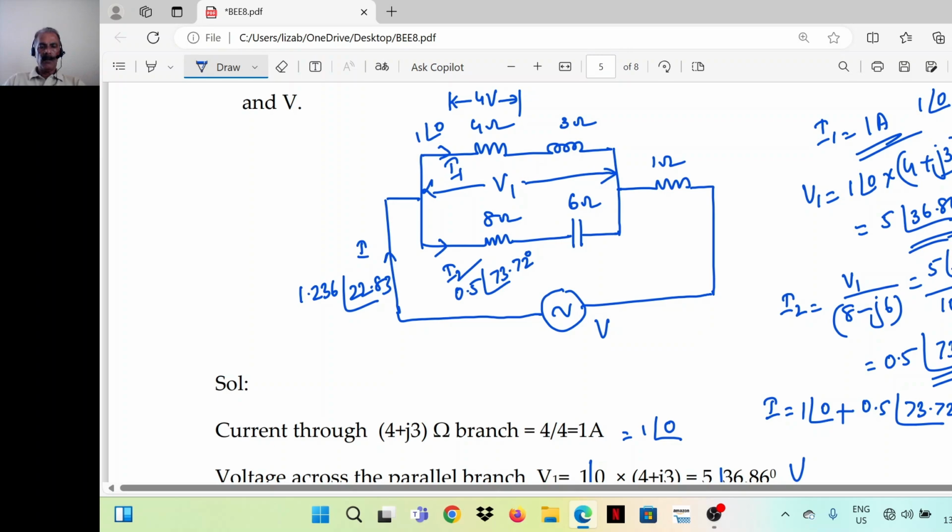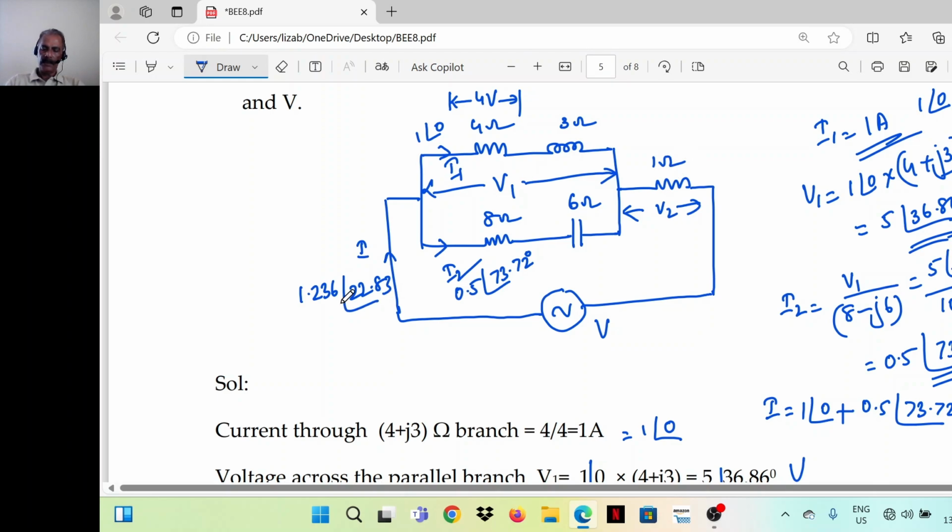Now we found out the total current, we have to find out the total voltage also. For that we have to find out the voltage across the 1 ohm resistor. So voltage across the 1 ohm resistor is current through it into value of resistance.